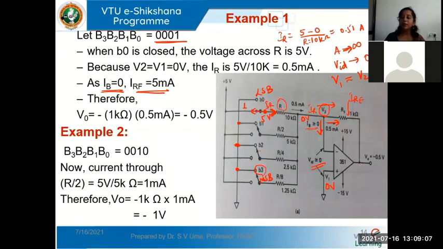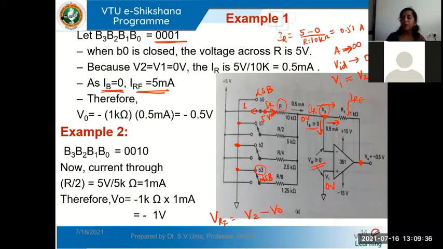Now, how do I define the output voltage of this op-amp? It's very easy. What is the voltage drop across RF? The voltage at this end of RF is V2, and the voltage at the other end of RF is V0.